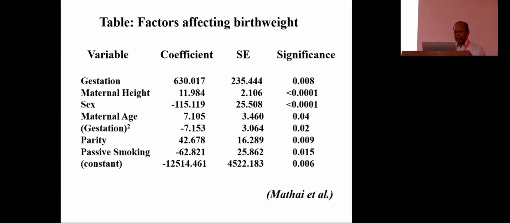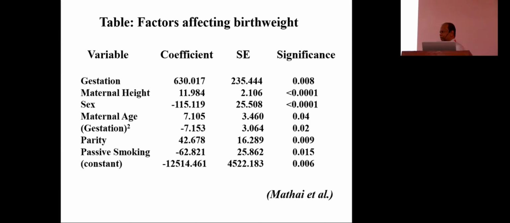I wanted you to look at gestation and gestation square. Are they not same? Say for now, are they not same or highly correlated? Say, for example, if your gestational age is 25 weeks, 25 weeks square is 625.